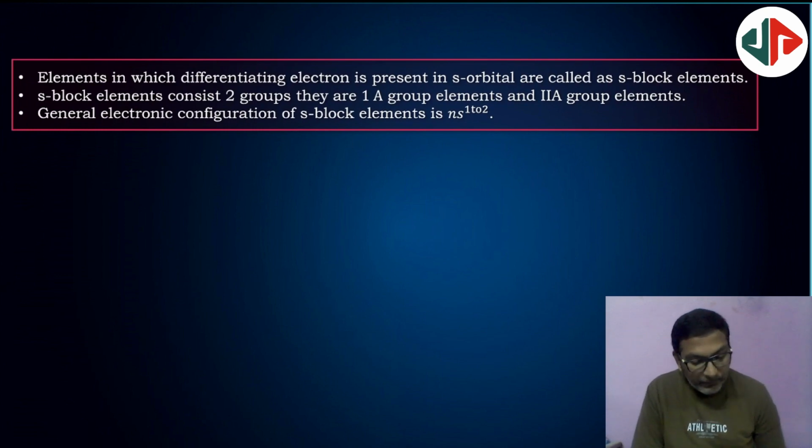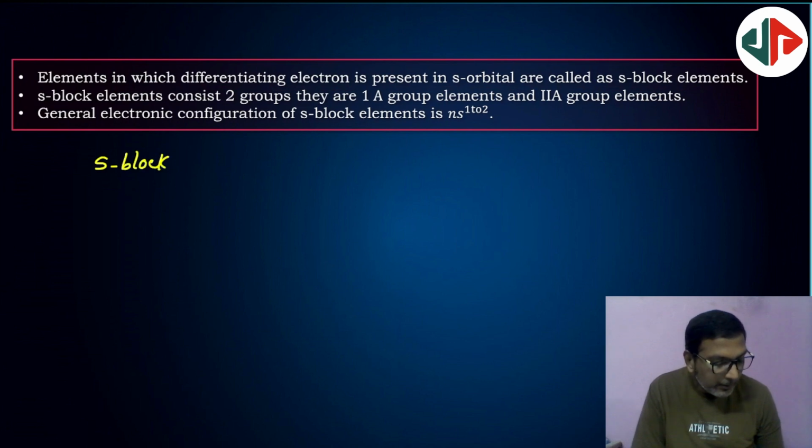First, what are S-block elements? The elements in which the differentiating electron enters into the S subshell or S orbital are S-block elements. So S-block contains two groups of elements, 1A and 2A.